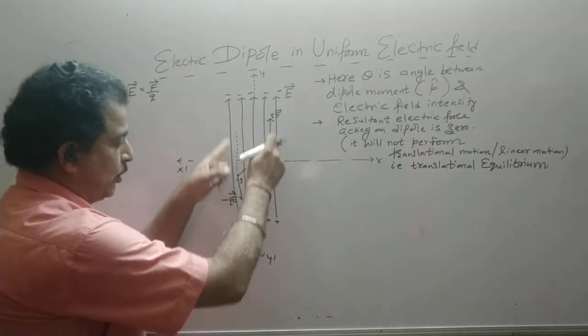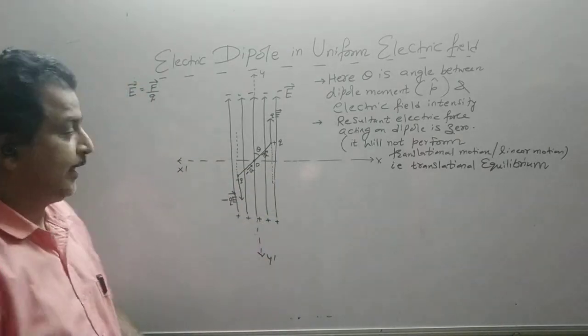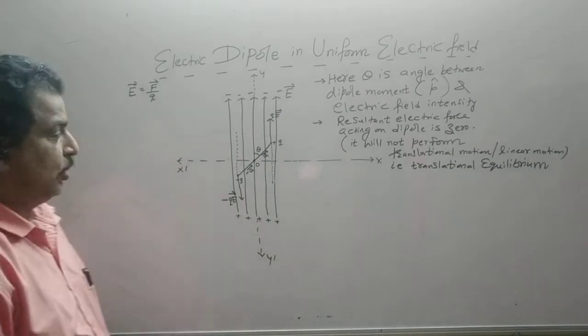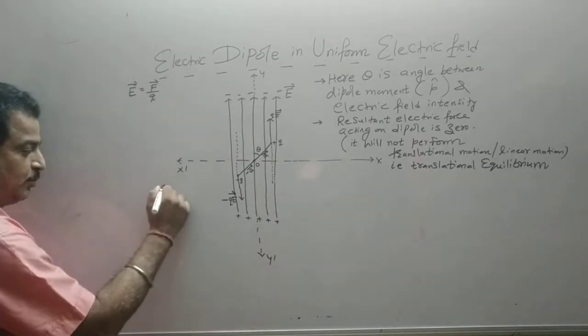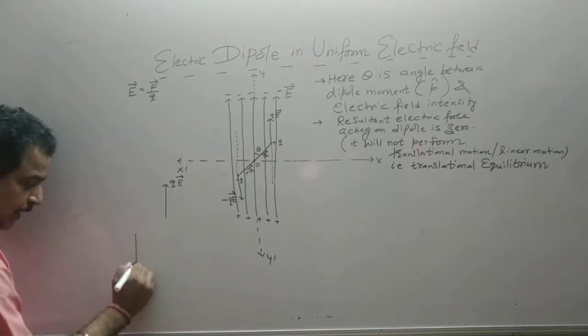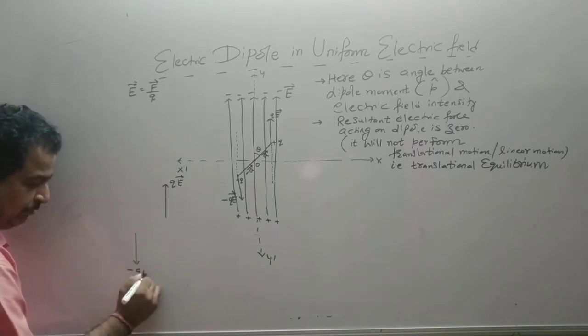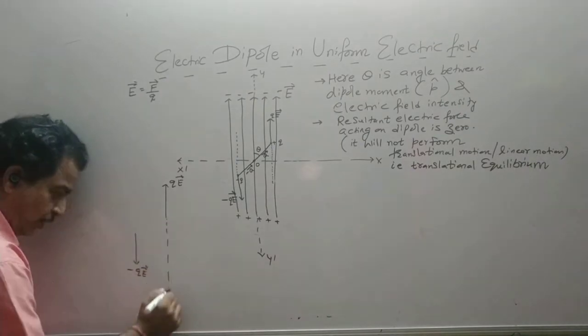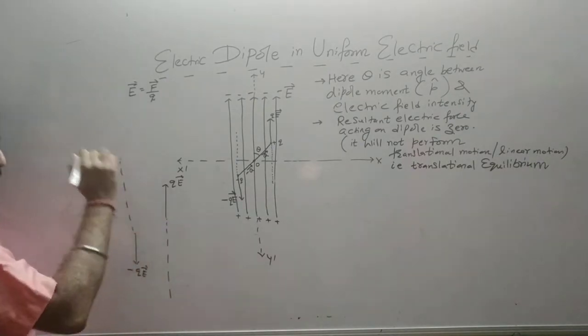Both the lines of action of forces are separated by this distance. So if I draw the diagram here, this is my QE vector, this is my minus QE vector. This is the line of action of force, and this is the line of action of force.